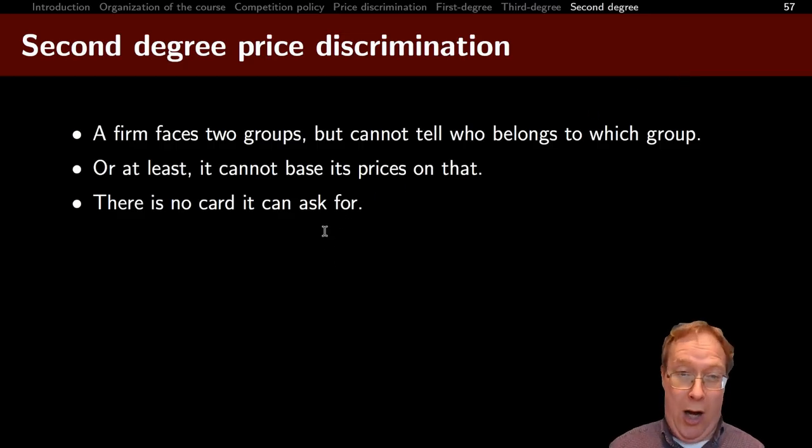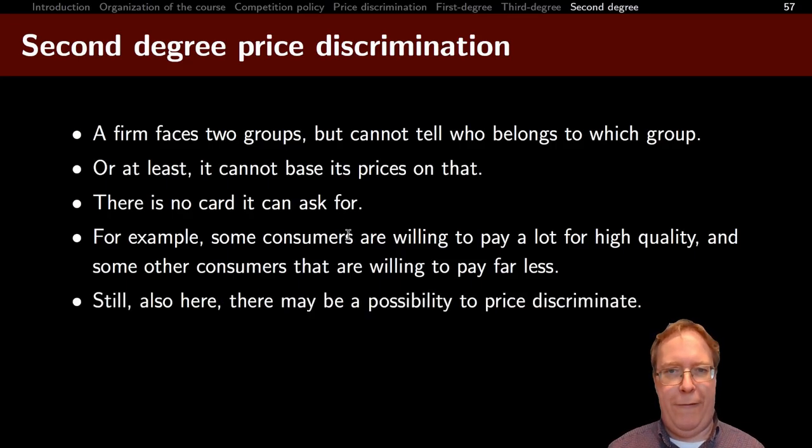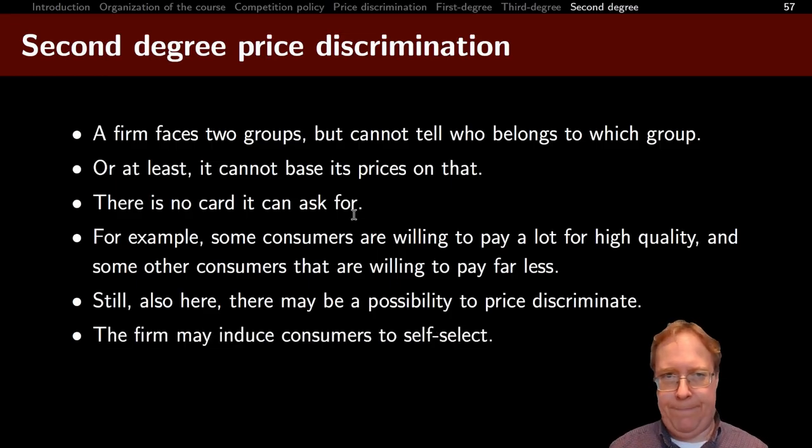There is no card it can ask for, or maybe it's simply not allowed to base its prices on whatever information it can observe. So, for example, some consumers are willing to pay a lot for high quality, and some other consumers are willing to pay far less. But also, then there may be a possibility to price discriminate. Okay.